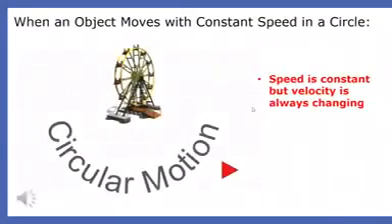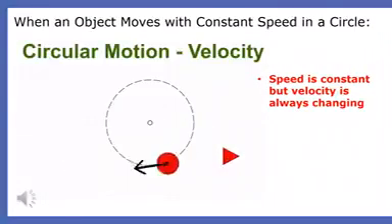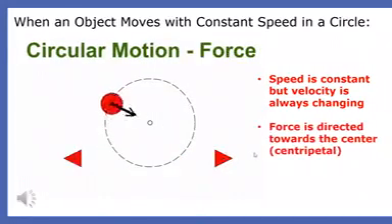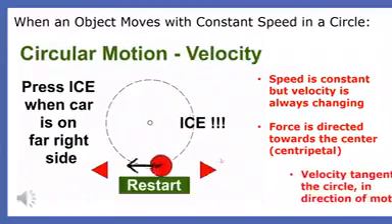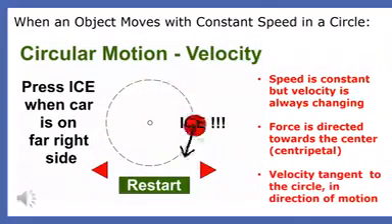When an object moves with constant speed in a circle, the speed is constant, but the velocity is changing because the direction is always changing. The force on the object is centripetal, or towards the center, and the velocity is tangential, or tangent to the circle in the direction of the motion.